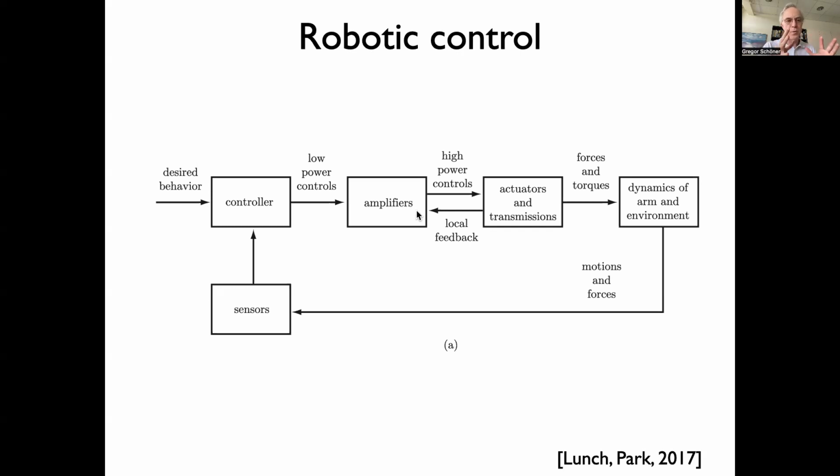That's approximately true for these wonderful torque motors that we have in robot arms. It is not true for muscles. In muscles, the kind of torque it generates depends on the inner state of the muscle and the mechanical state of the plant, and on the time course, on the recent values.